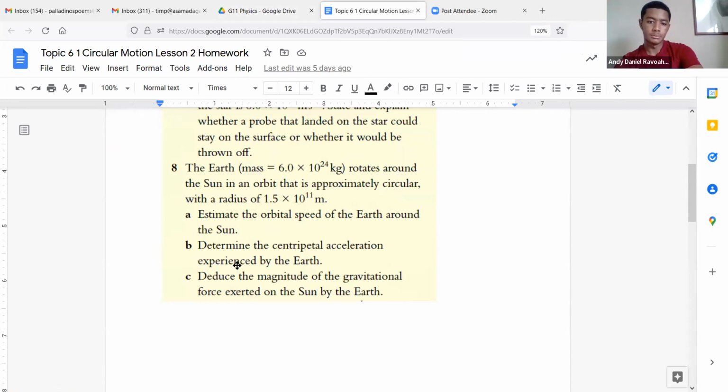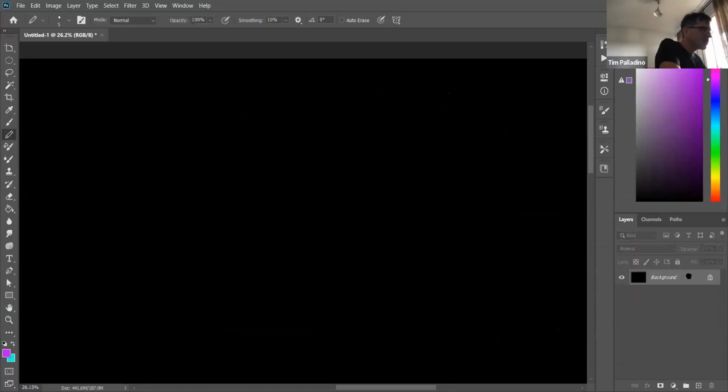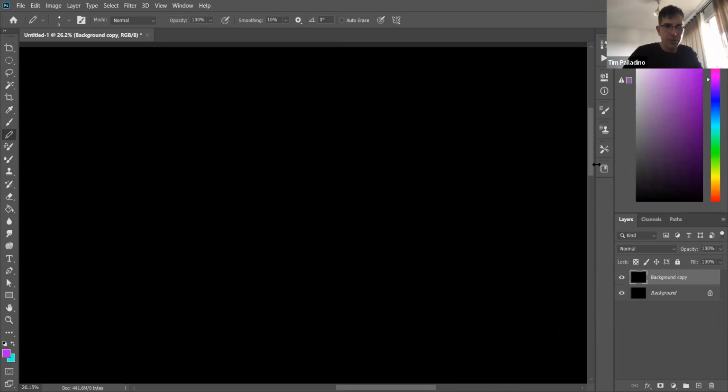Yeah. All right, so this one says the Earth, it gives us the mass, rotates around the sun in an orbit that is approximately circular, with a radius of 1.5 times 10 to the 11th meters. Okay, estimate the orbital speed of the Earth around the sun. Okay, so I'm just going to summarize some of that information so that we can see it.